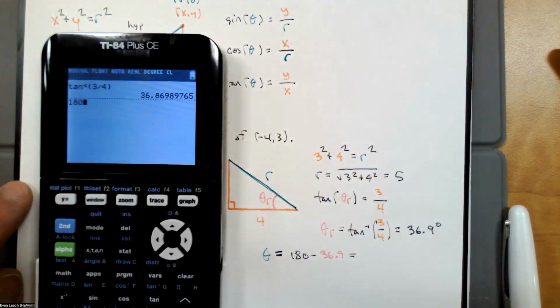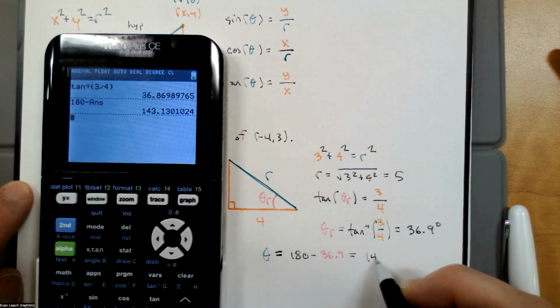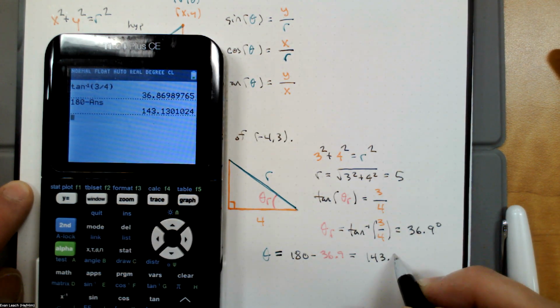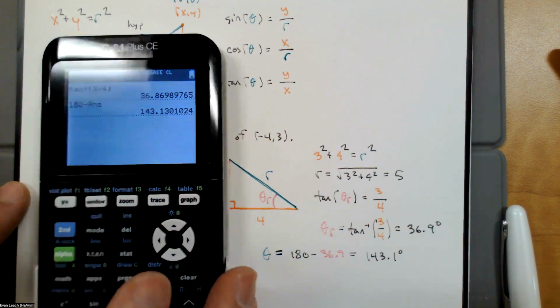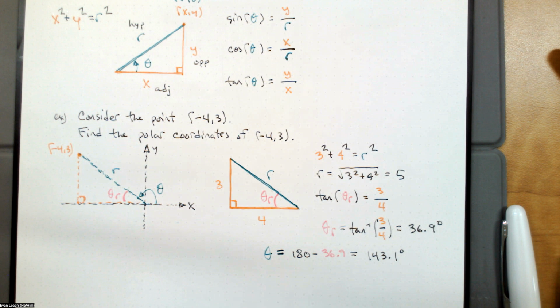So I'll just do 180 minus this angle. So the coordinates (-4, 3) correspond to a radius of 5 and an angle in standard position of 143.1 degrees.